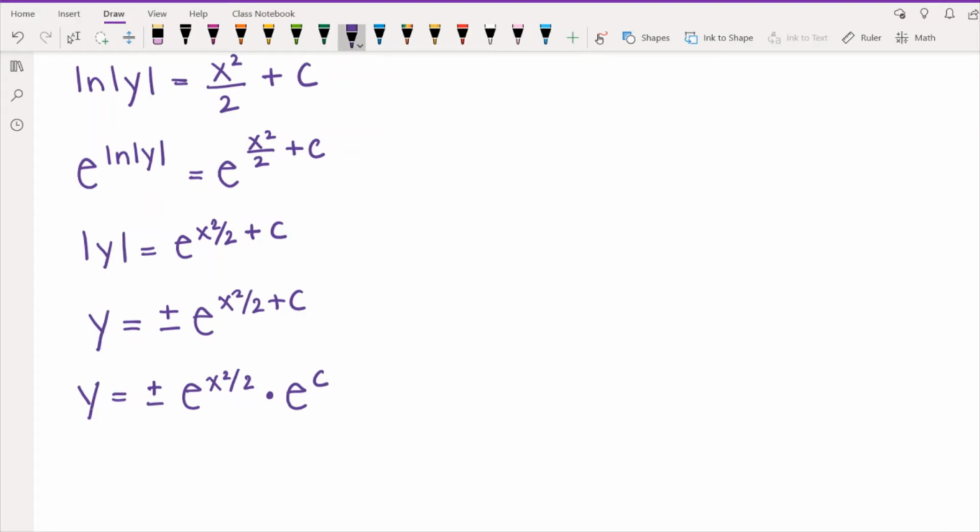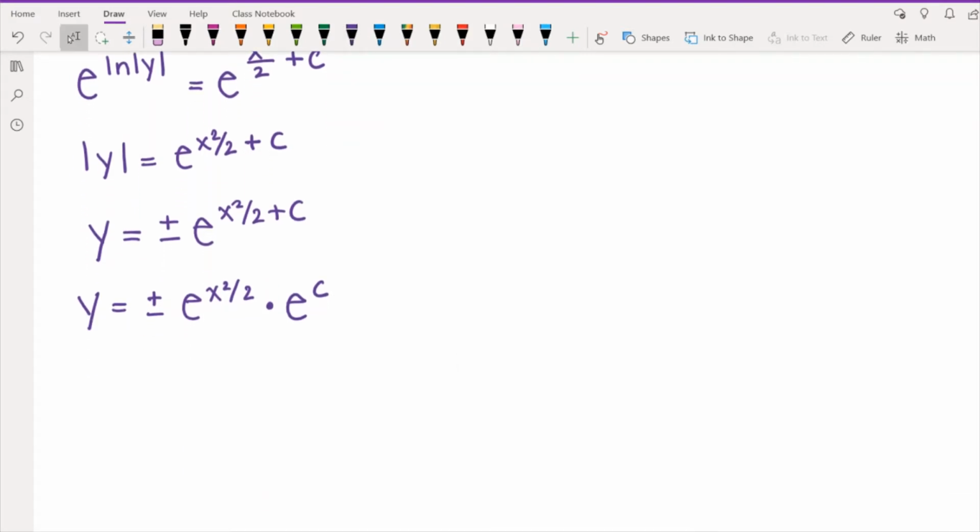Because when you multiply two things together, you add the exponents. And so e to the c, well, that's itself a constant. And so we can rewrite this as y is equal to plus or minus, and then we can call this d e to the x squared over 2.